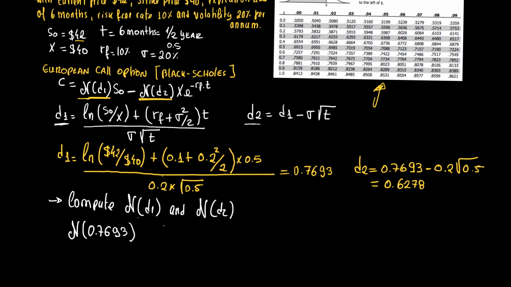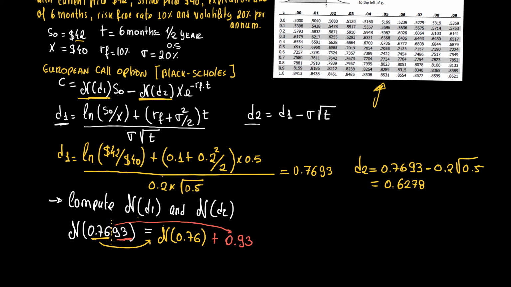You break this number into two: you grab the first half of it and plug it in as the normal distribution of 0.76, and then you grab the second half and plug it in as a scaling factor of 0.93.